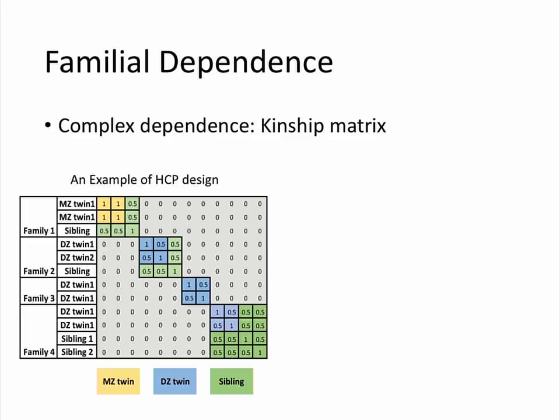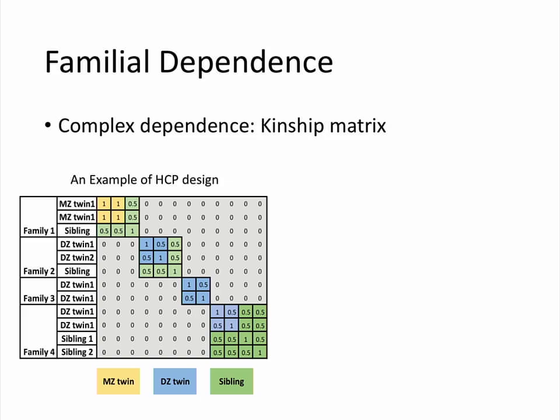Here, what I'm showing you is a toy example of an HCP design, 10 subjects from 4 families, where the levels of relatedness are color coded. For instance, between MZ twins, they are expected to share 100% of their genome.